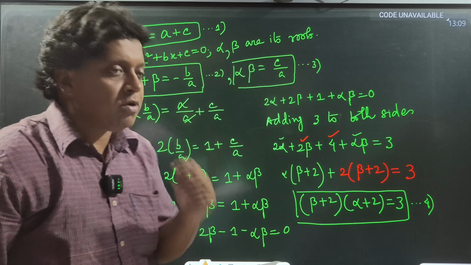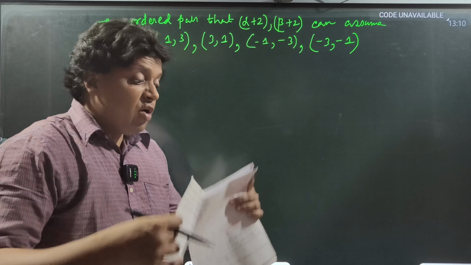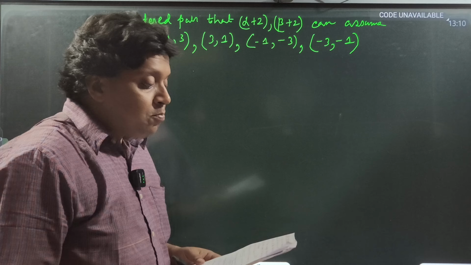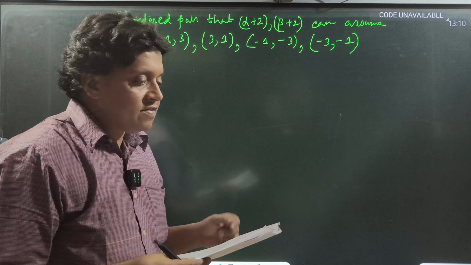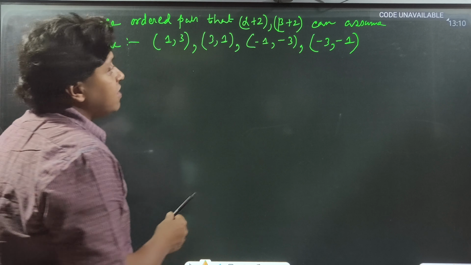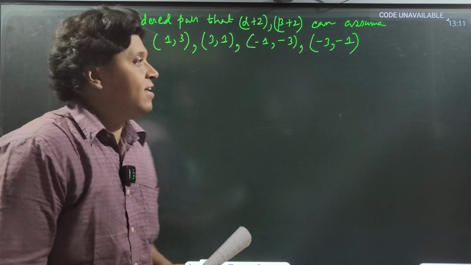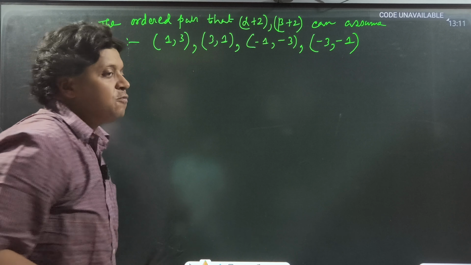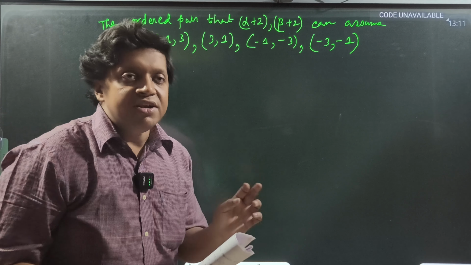Now go to option number B. This finding automatically tells us that option B is correct. What does option B state, by the way? Both the roots of the equation ax square plus bx plus c are odd integers. It has to be so because the ordered pair values of alpha plus 2 and beta plus 2 are all odd integers. So you will get the value of alpha by subtracting 2 from each number corresponding to alpha. When you are subtracting an even integer, that is 2, from an odd integer, the outcome has to be an odd integer.